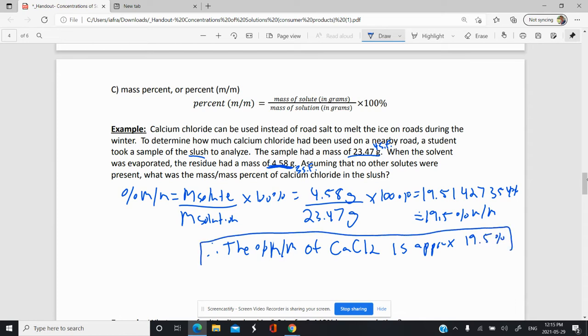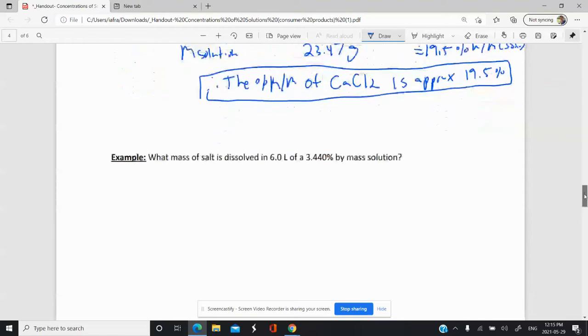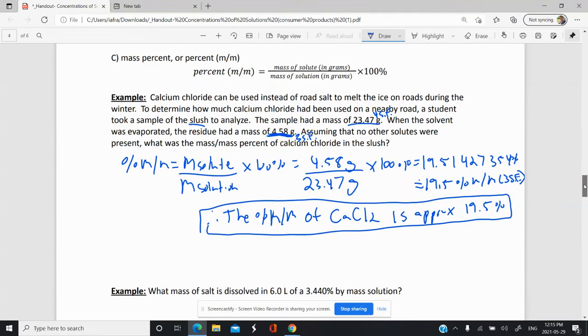And that's rounded to 3 significant figures. So that there is our final answer for that first question on mass.